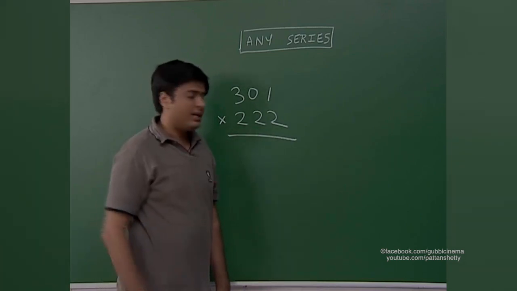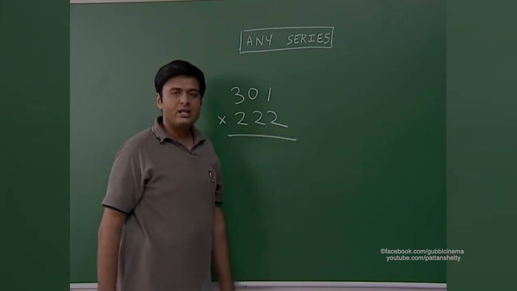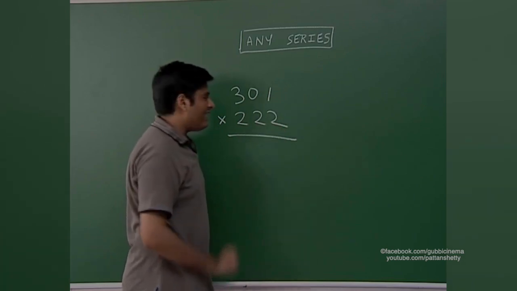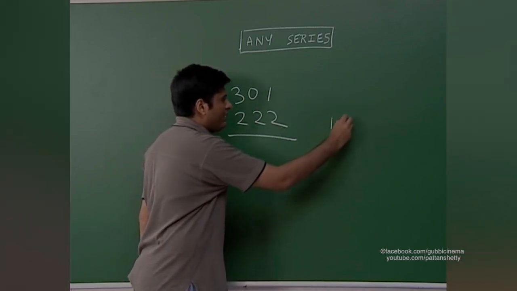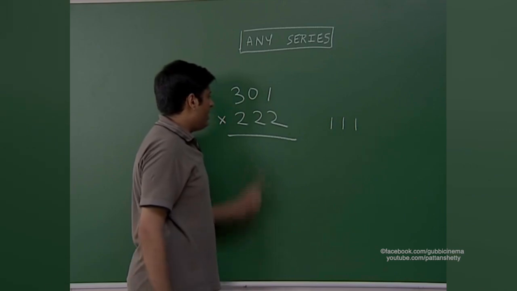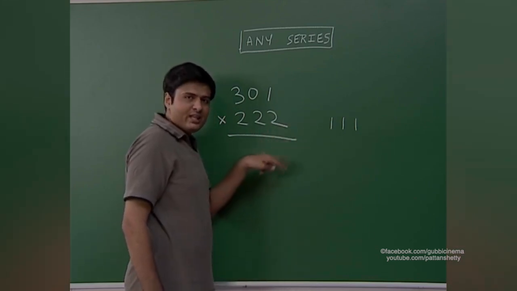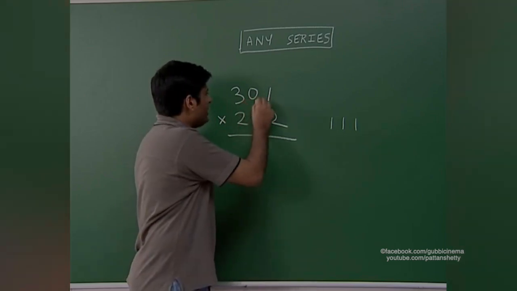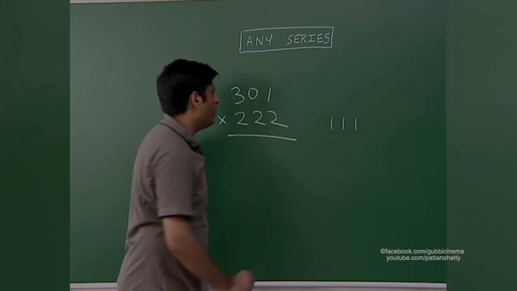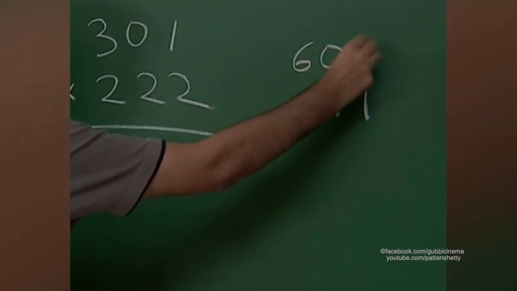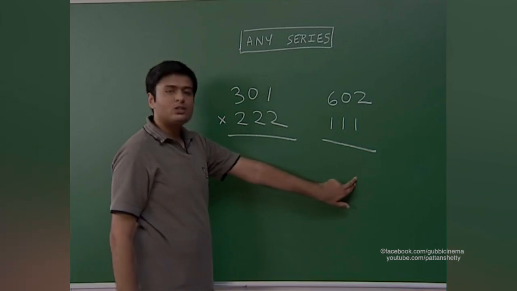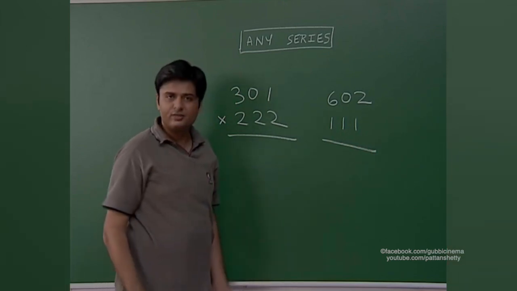Well, don't worry. Convert this into a series of 1. How do we do it? See, 2 divided by 2 will give me 1, 1, 1. Here I am dividing by 2, so in reciprocative I have to multiply this number by 2. So 301 into 2 will become 602. And the answer of this question will be the same as the answer of this question.